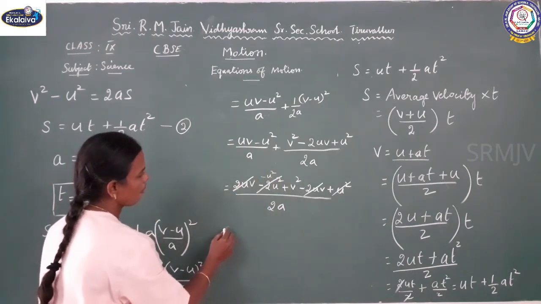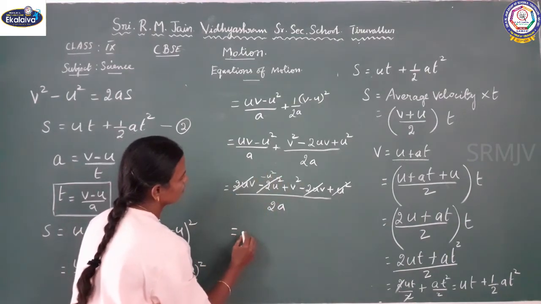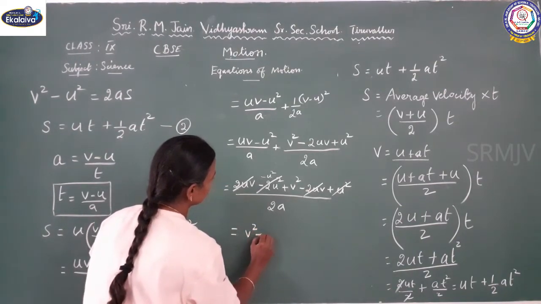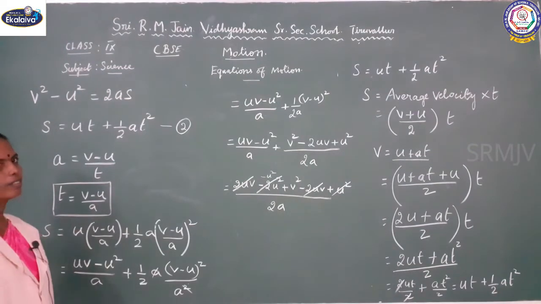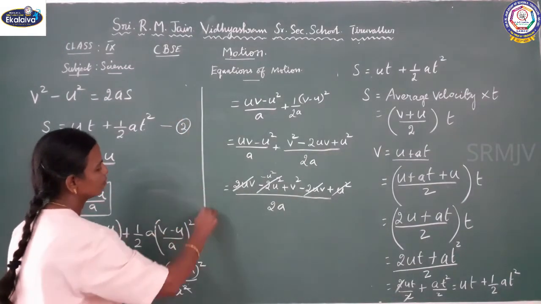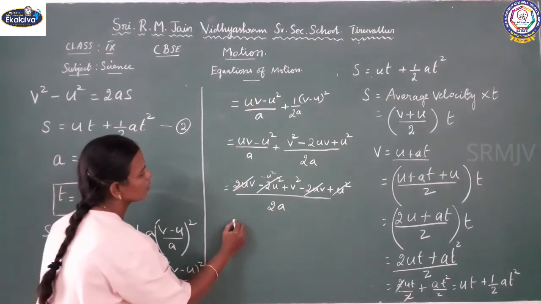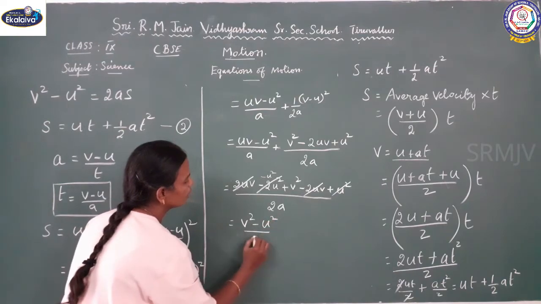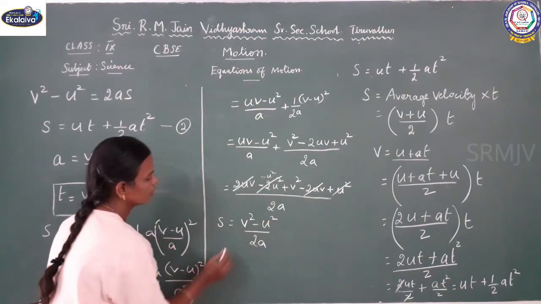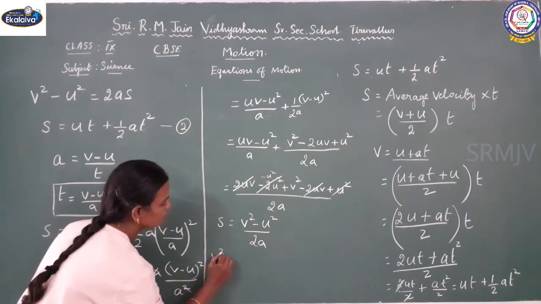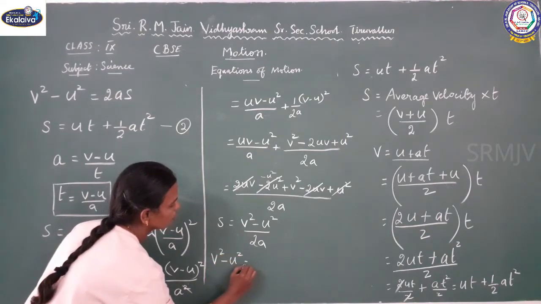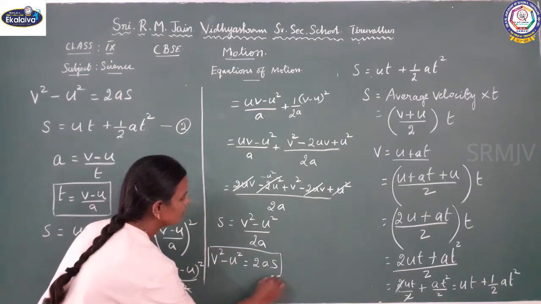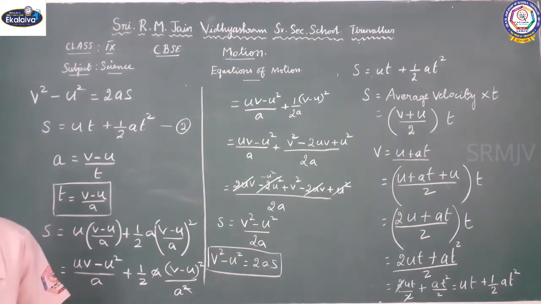So s is equal to v squared minus u squared by 2a. So v squared minus u squared is equal to 2as. This is the third equation of motion.